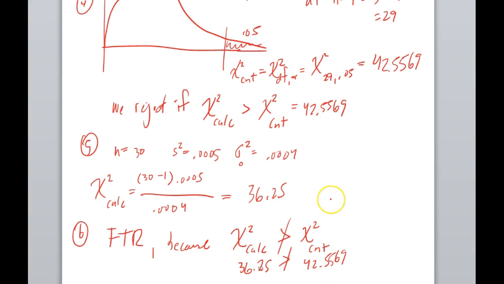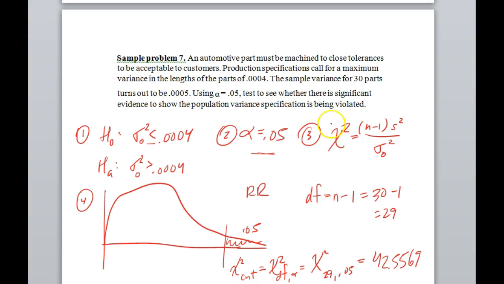And then in layman's terms, so for number 7, there isn't significant evidence to show that the specified population variance specification is being violated.